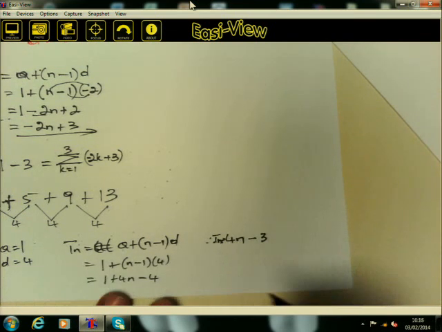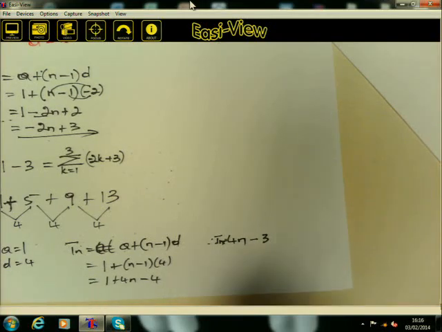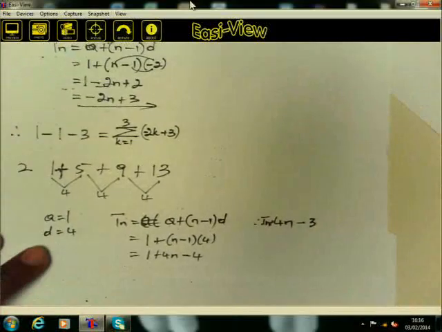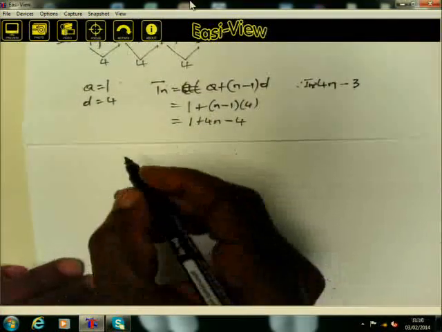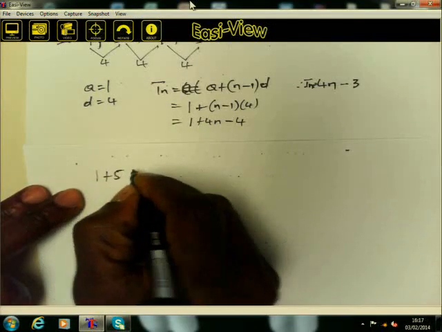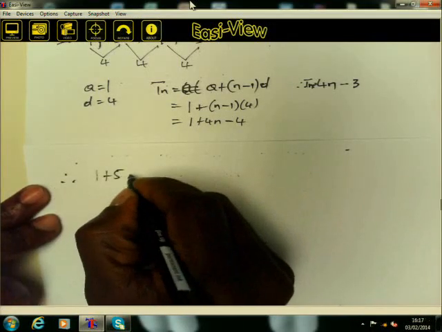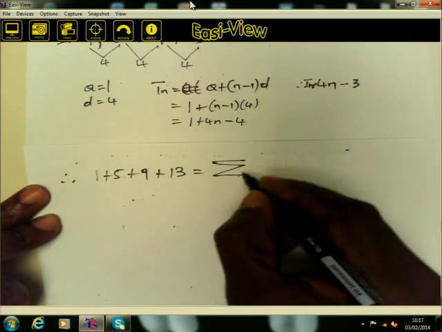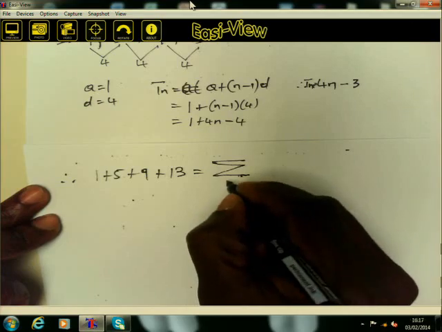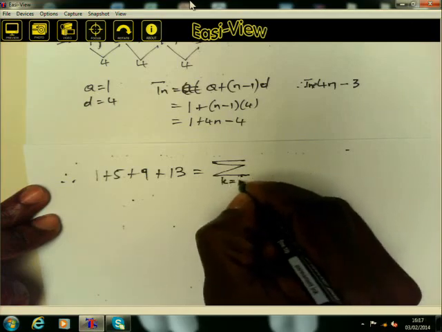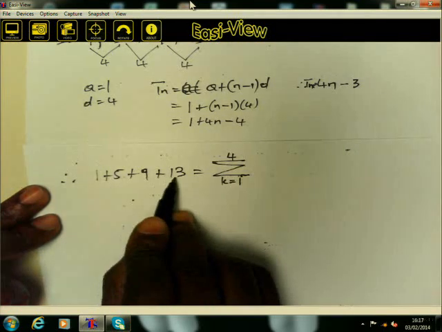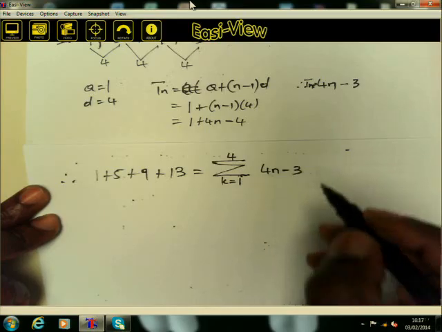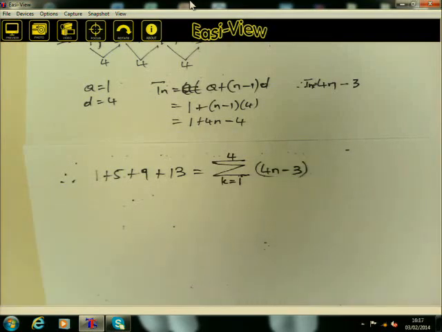So it means that the series 1 plus 5 plus 9 plus 13 will be given by the sigma notation, where say k starts from 1 up to 4, since we have 4 terms, and then we are going to have 4k minus 3 as our general term.